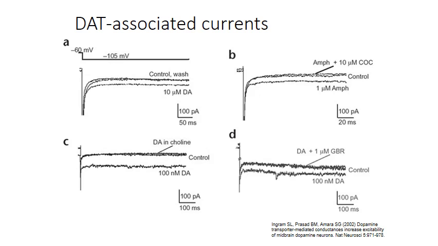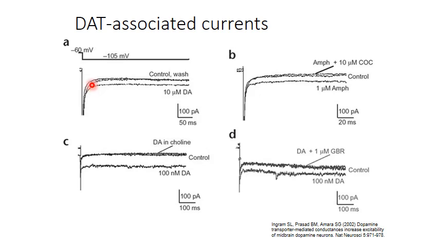The illustration of this is the dopamine-associated currents. I pulled this particular article because of the next slide, but I just want you to see that in this HEK cell in which the dopamine transporter has been expressed, when stepping from a holding potential of minus 60 millivolts to one much more hyperpolarized, you can see the holding current has an additional component to it in the presence of dopamine.